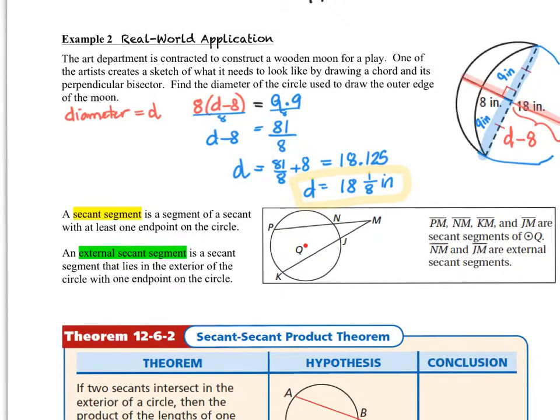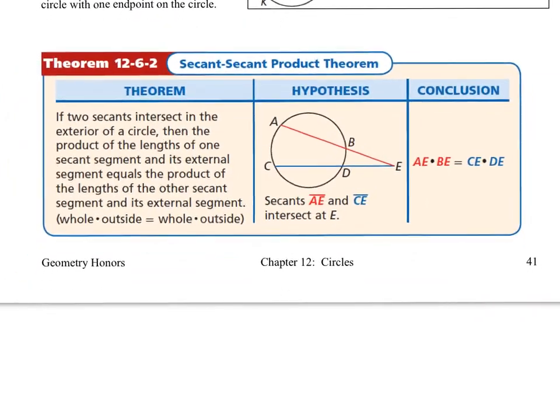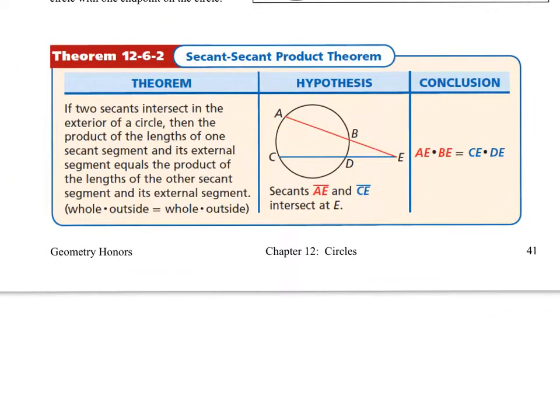So we have a theorem associated with the secant segment that we were just talking about, and it's called the secant-secant product theorem. And what this says is if two secants intersect in the exterior of the circle, like at point E right here, then the product of the lengths of one secant segment and its external segment equals the product of the length of the other secant segment and its external segment.